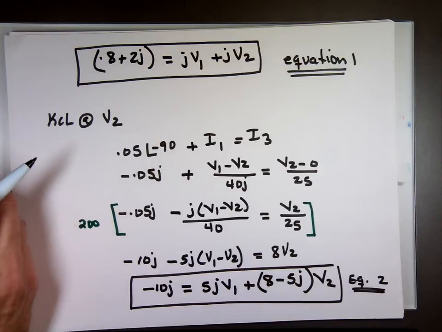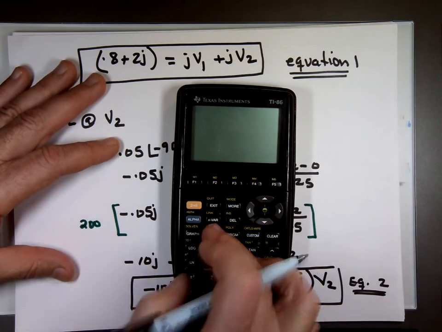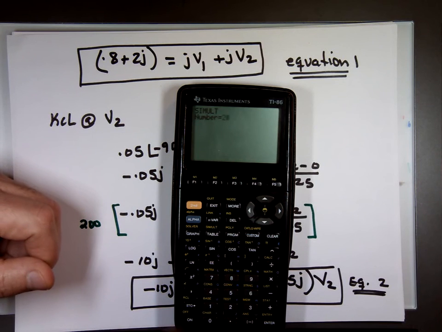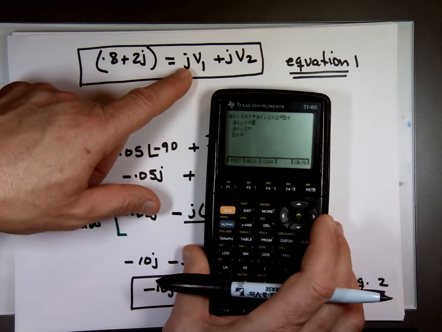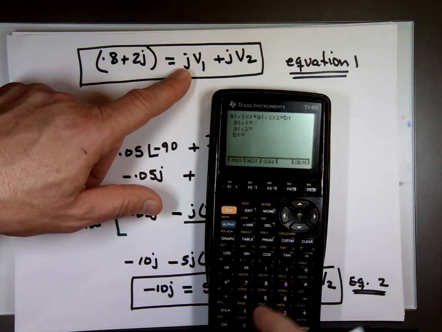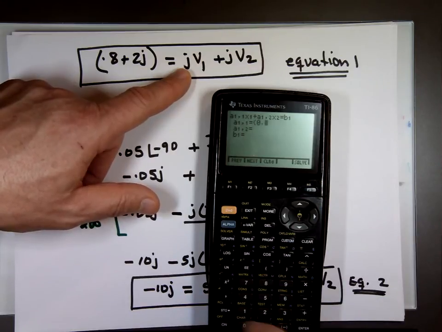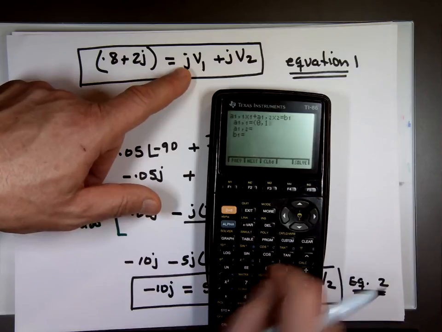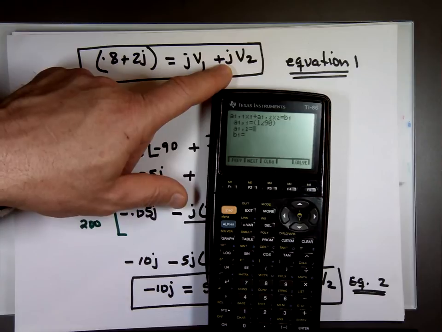I have simultaneous on mine. Number of equations: 2. And I'm going to put in the coefficients. This one is 1j, so the way you write that as a complex number on this calculator is 0, comma 1. The real portion is 0, the imaginary portion is 1.